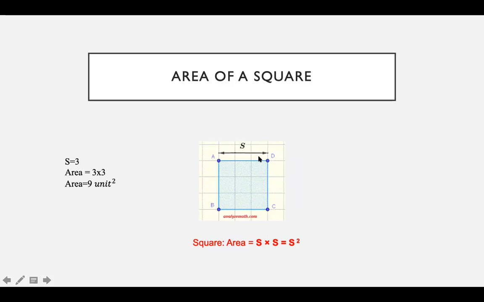Because that means this side multiplied by this side. So horizontally, we have a value of 3 because 1, 2, 3. So 3 squares going horizontally, and then 3 squares going up and down. So we just do 3 times 3, and then we get a value of 9 units squared.